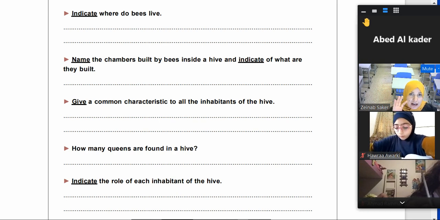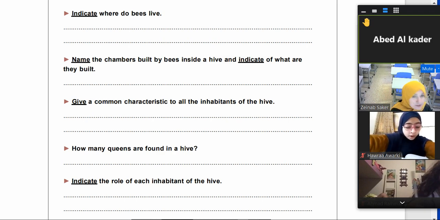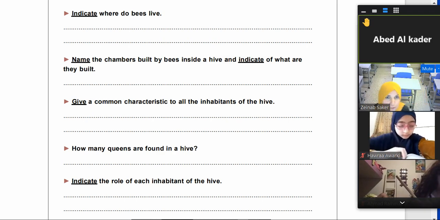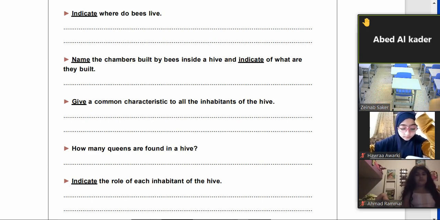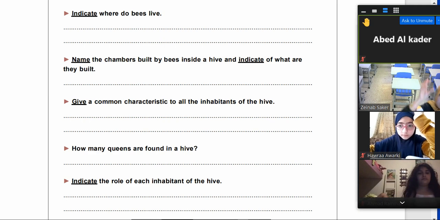Are they few or many? Few drones. What can the drones do? Fertilize the queen. Very excellent. They fertilize and mate with the queen.